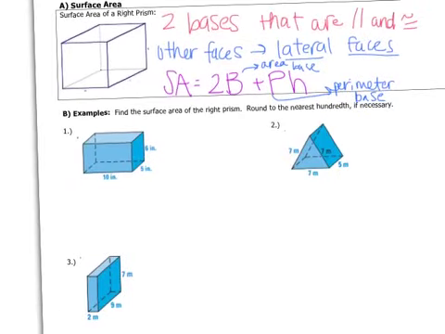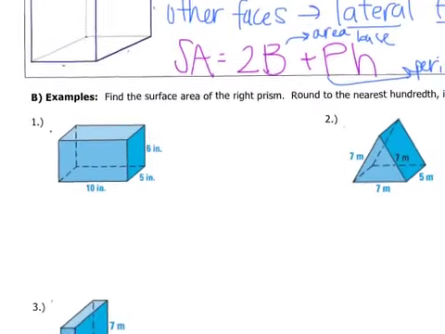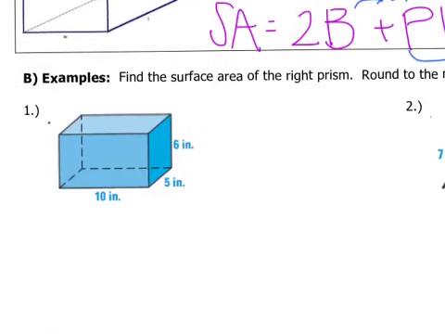All right, we have a couple of straightforward examples here. The first one is a rectangular prism. What I like to do is this: take your highlighter on Notability and highlight your bases. And again, for a rectangular prism, you could pick a couple different things to be your bases.